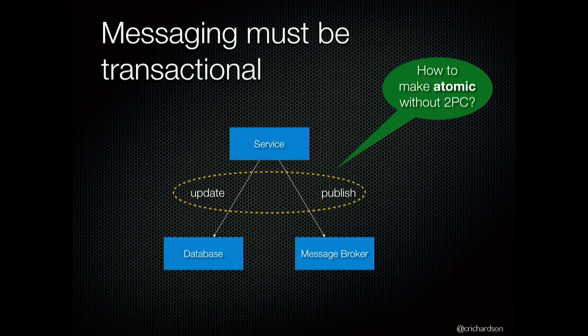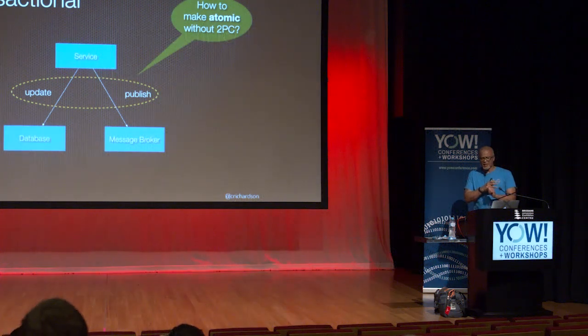Alternatively, if in the middle of a transaction you publish a message and then the transaction gets rolled back, you have a similar kind of inconsistency. You've told people that you've changed data when in fact you haven't.